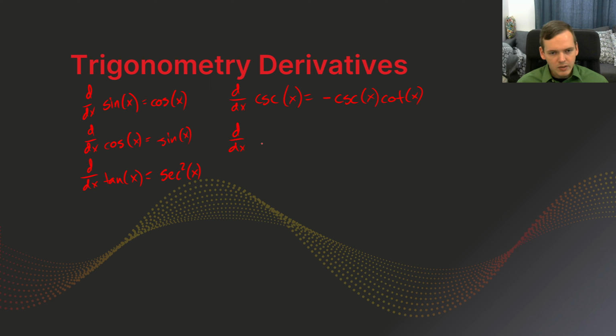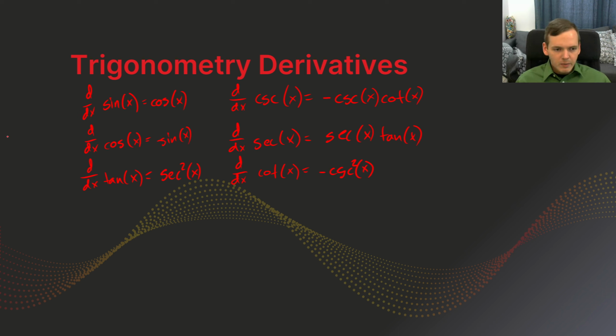The derivative of secant x is equal to secant of x tangent of x, and the derivative of cotangent of x is equal to negative cosecant squared x.